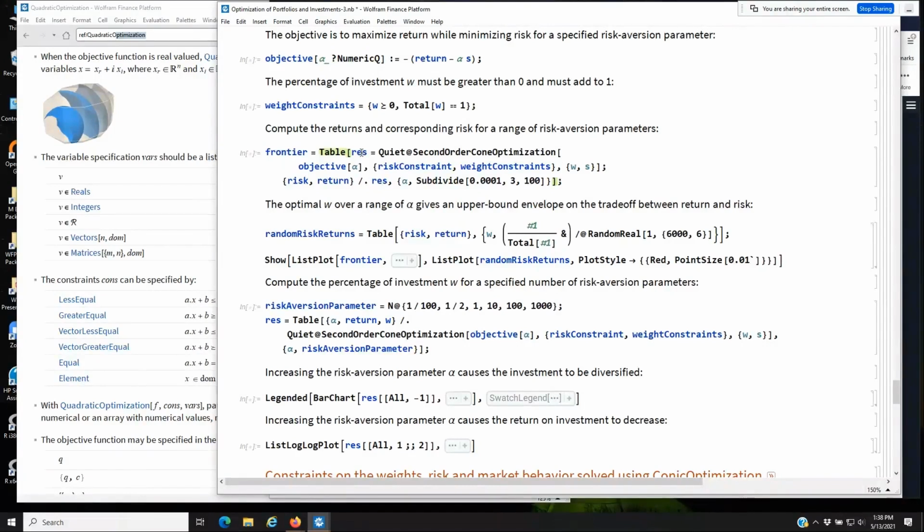So this result here will give me two lists, or two sets of rules: a set of rules for W and a set of rules for S. Now I substitute them in and evaluate the risk and return. And as before, since these are the ones that are optimal, they will fall on the frontier.